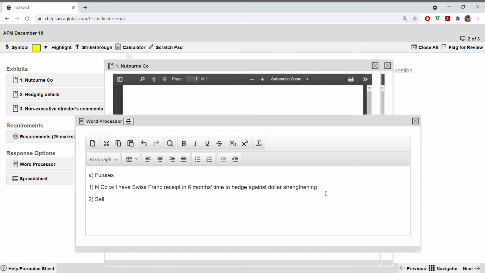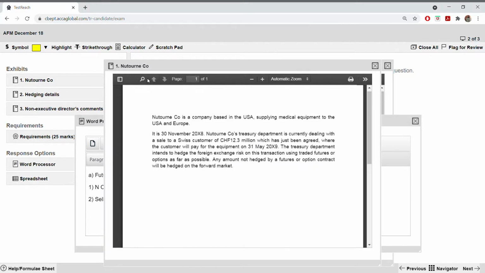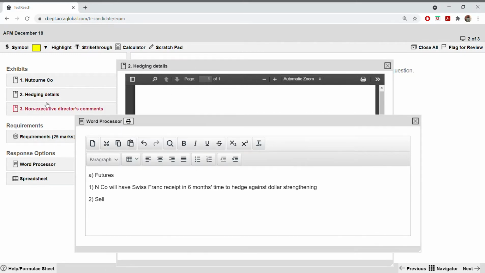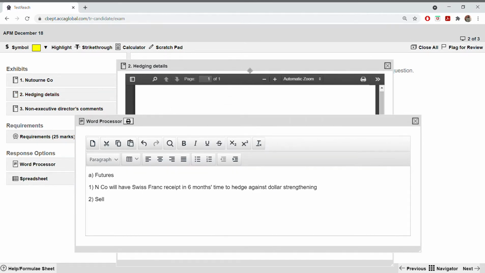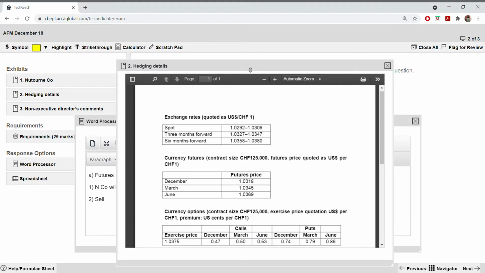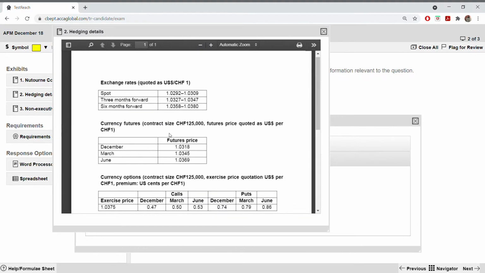Why? Look at the future. I'm sorry, this is not required now. So whatever is not required, just close it down. Don't keep unnecessary windows on your screen so that later you become confused. So let's go to the future. Forget about forward. 6 months time. December, March or June.